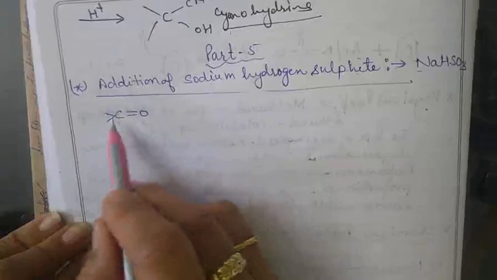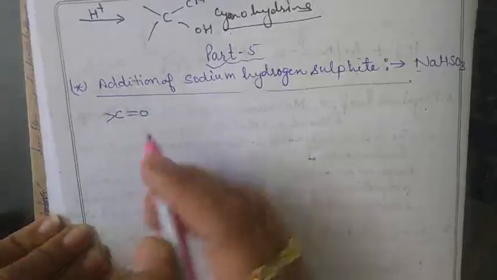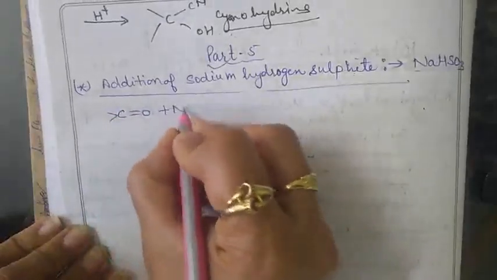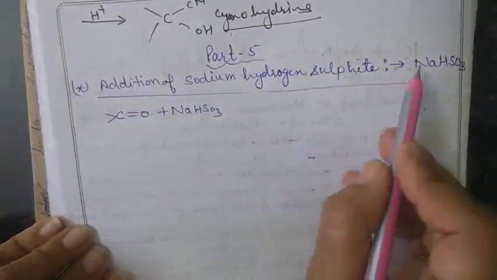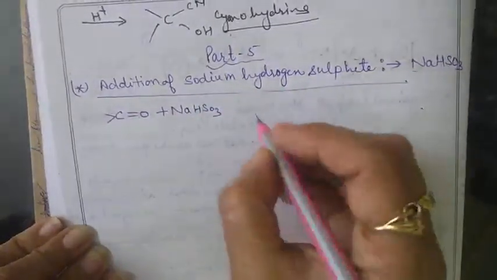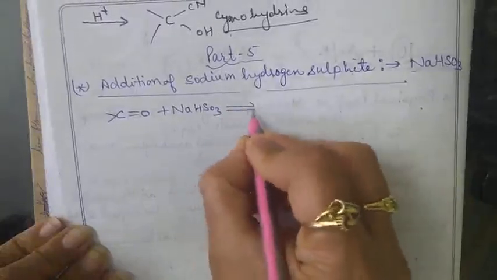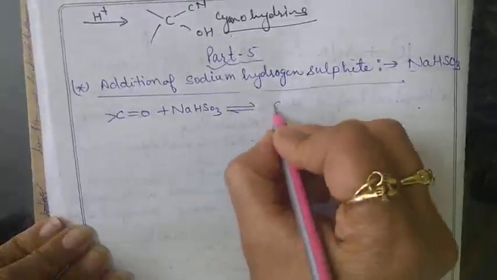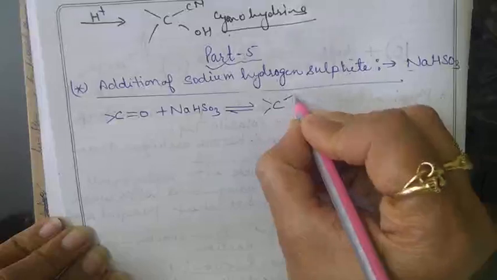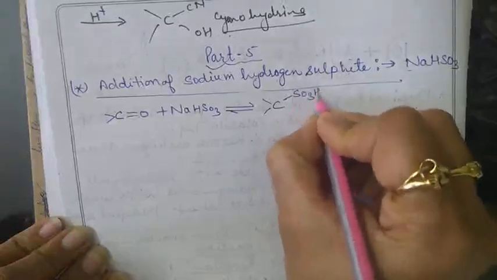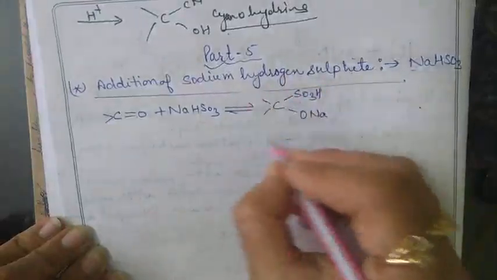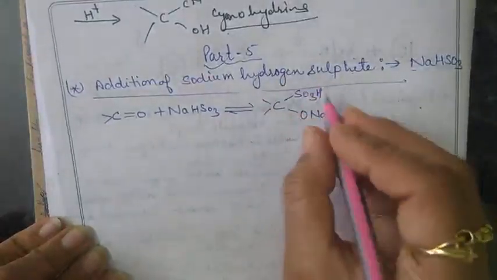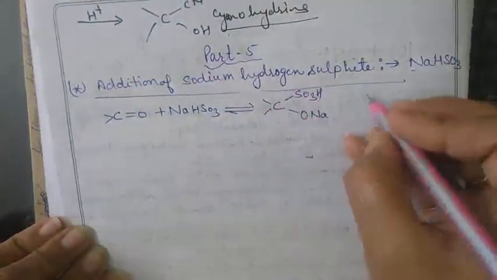When it combines with NaHSO3, sodium hydrogen sulfite, we get SO3H here and ONa here. This is the addition product.